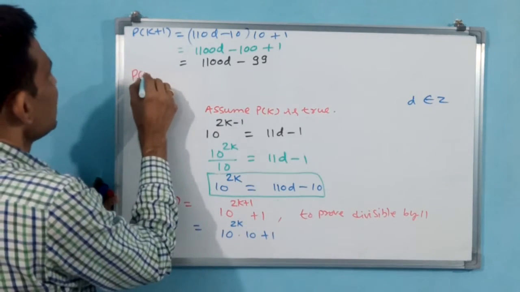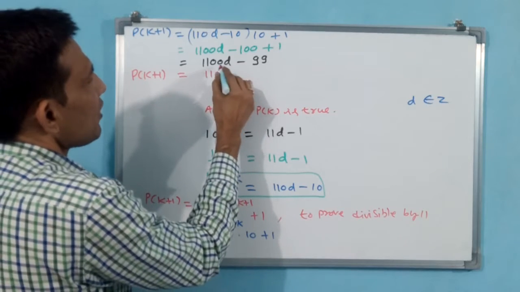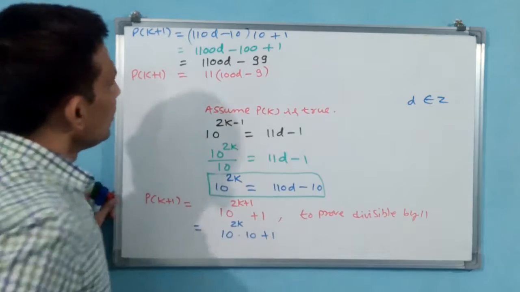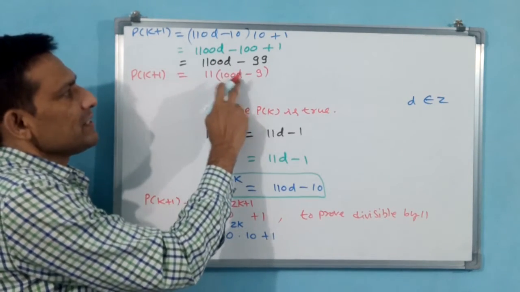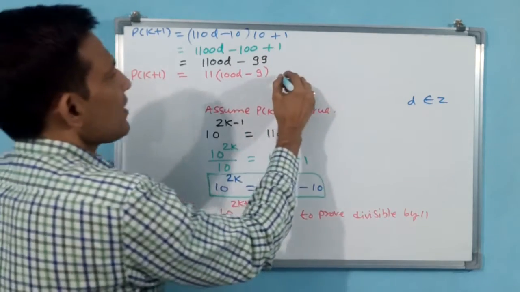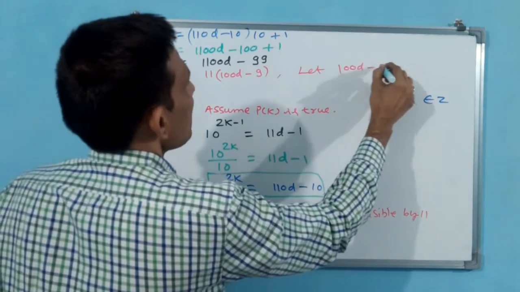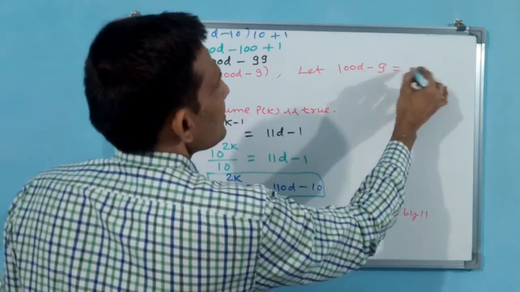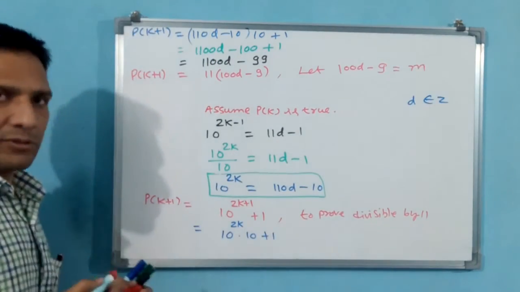Now finally you write like this. P of k plus 1 is equal to 11, if you take common, 100d minus 9 will come. You send 11 inside: 11 into 100, 1100, 1100d; 11 into 9, 99, 99 is there. Now what I am writing here: let 100d minus 9 is equal to m. Earlier also we have taken m. Why?